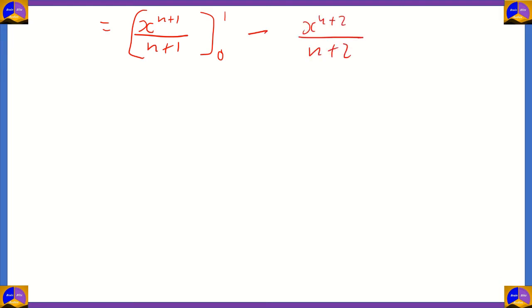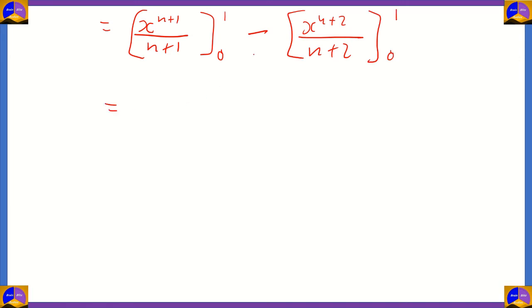Now we're going to integrate the two integrals. So the right-hand side will now become x raised to n plus 1 divided by n plus 1 from the limit 0 to 1, and x raised to n plus 2 divided by n plus 2 from 0 to 1.